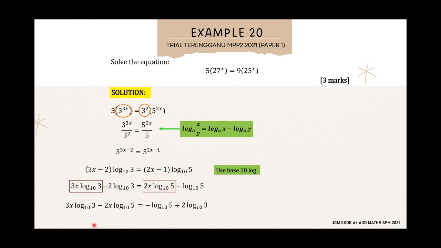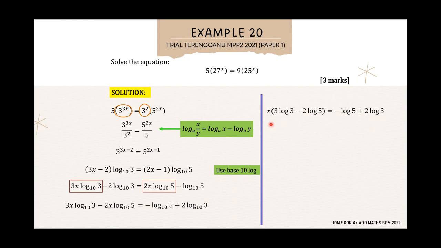Okay, so bila teacher solve, try dekat sini, kita akan dapat x. Okay, kita try, dapat x di luar bracket. Dan kita akan dapat 3 log 3. Sorry, this one is log base 10. Minus 2 log 5 is equal to negative log 5 base 10 plus 2 log 3.